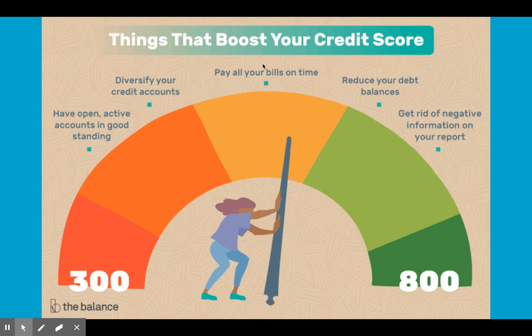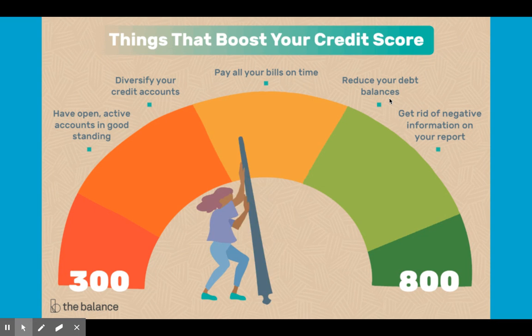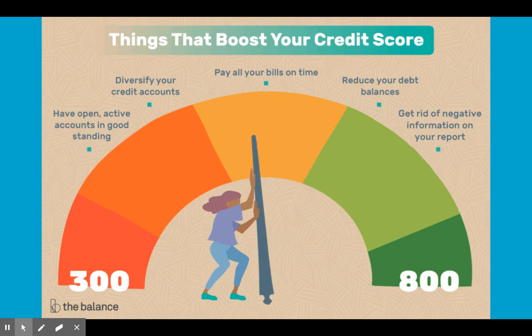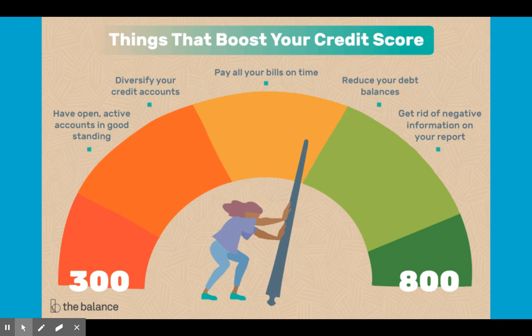Make sure you pay your bills on time. Reduce your debt balances. If you have a ton of debt, then it's hard to get more debt, right? That affects your credit score. And if you get negative information on your report, you've got to make sure you take care of that, because having a good credit score matters.